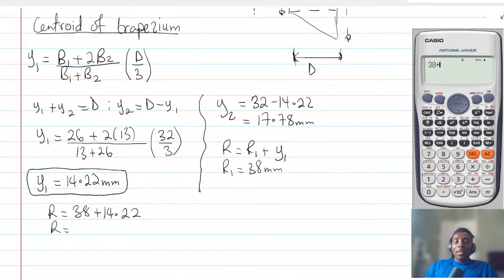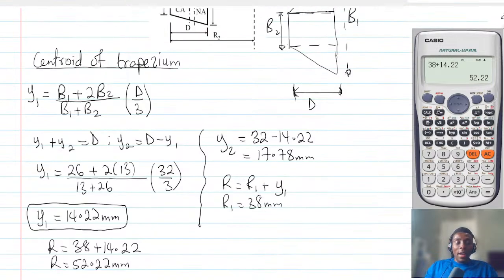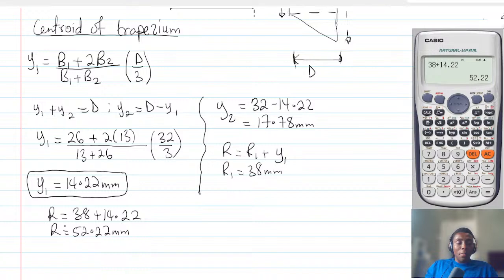So what is 38 plus 14.22? That is going to be 52.22 millimeters. Now, this 52.22 will be the r.